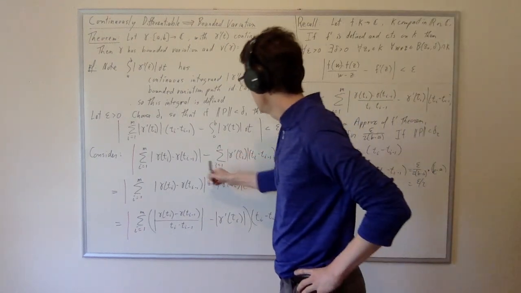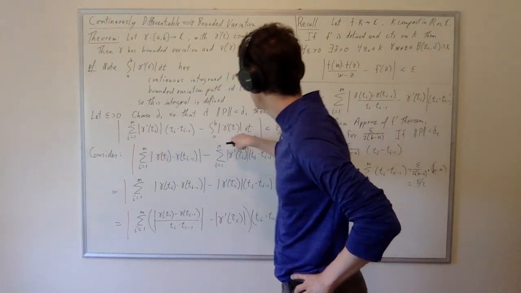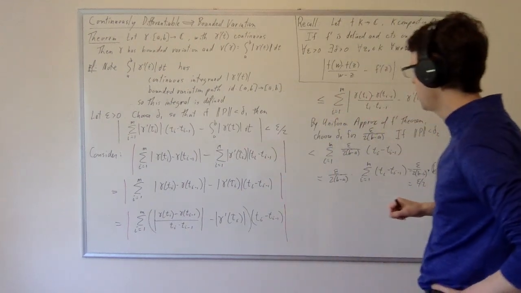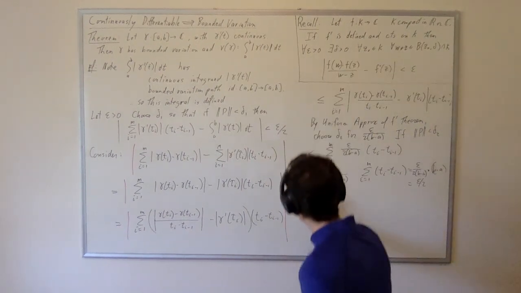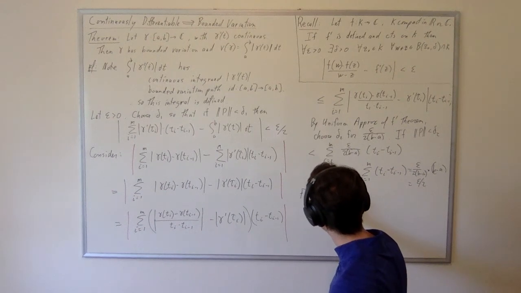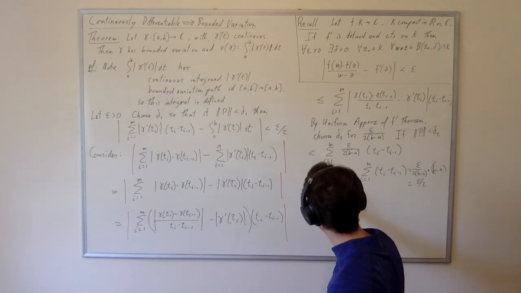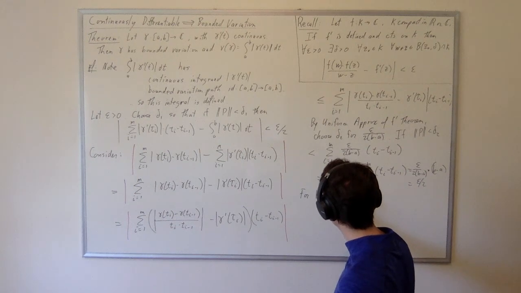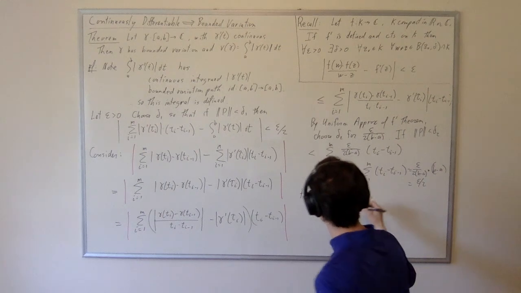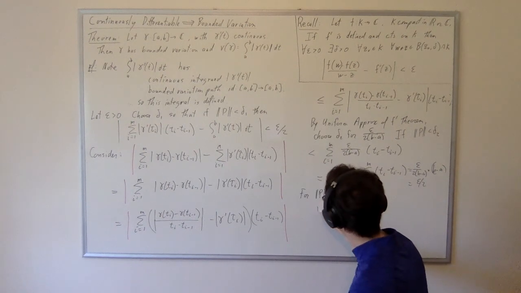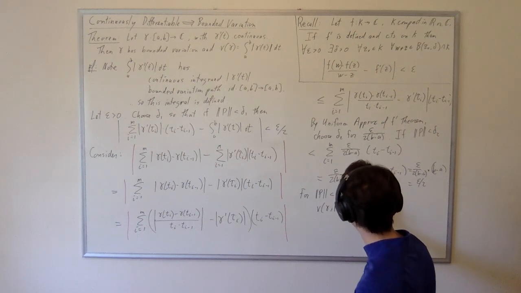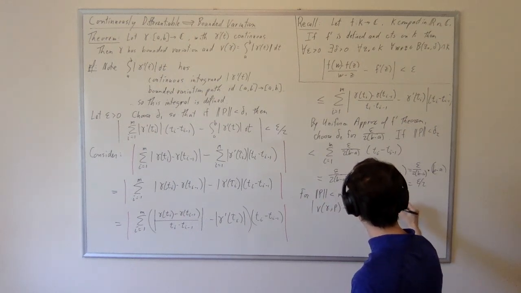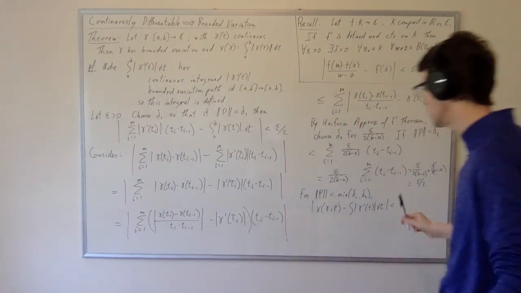And we also have that the same thing can be controlled so that its distance from the integral is less than epsilon over 2. So what do we conclude from this? For P whose norm is less than the min of the delta 1 and the delta 2 that I chose, then the variation of gamma with respect to P is very close to this integral, which I know exists, with a distance less than epsilon.